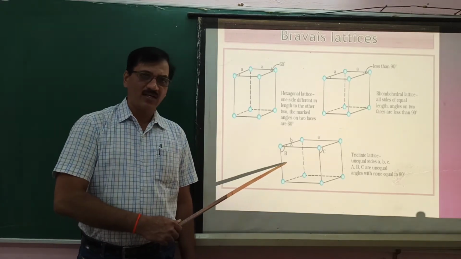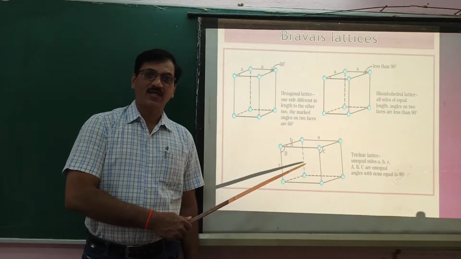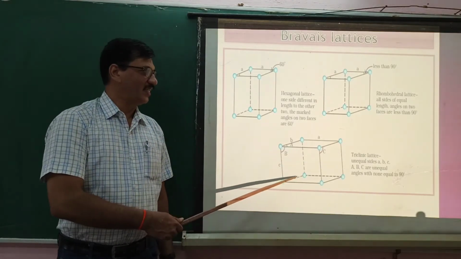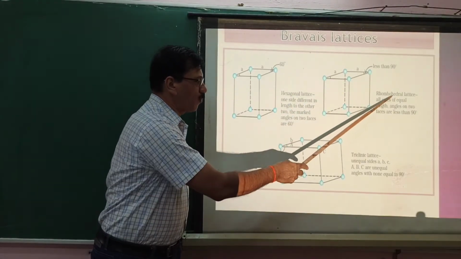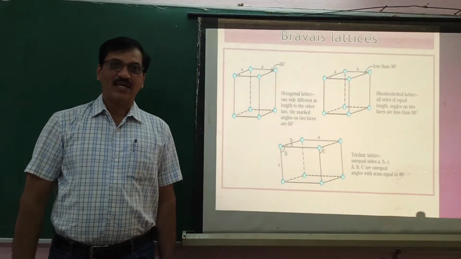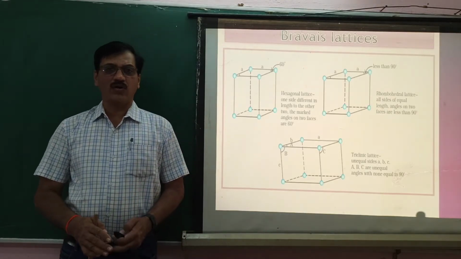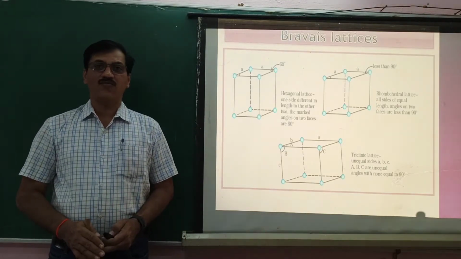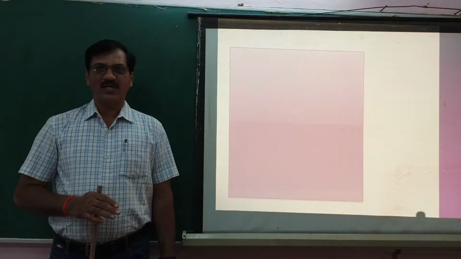In this arrangement, there cannot be body centered, face centered, or end centered. All these three types, hexagonal, rhombohedral, and triclinic, exist only in primitive form. So, including all these types, there are 14 lattices possible, and these are called Bravais lattices.